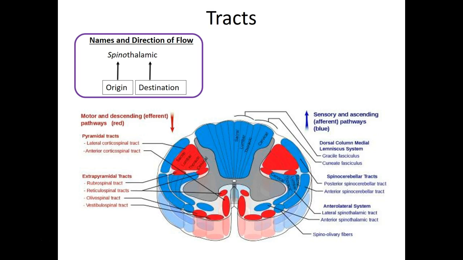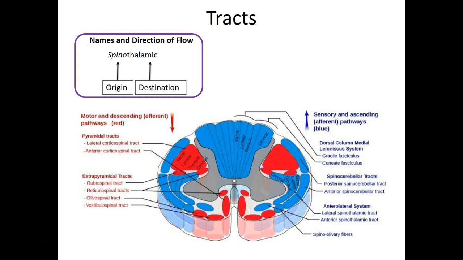And you can't really tell by the name where that occurs. I will say that most of the descending tracts for the motor skeletal muscle do decussate, meaning that they cross over, which means controlling your left hand, that program started on the right side of your brain.